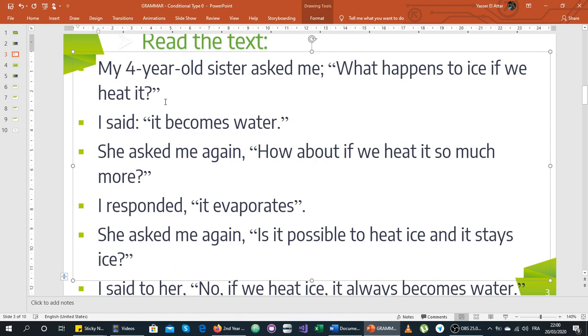There is no way that we take ice, we put it on fire and it stays ice, or it becomes, I don't know, juice or chocolate or something. No, that's not possible. It is 100% true that ice, when we heat it, when we put it on fire, it becomes water. That is for true.